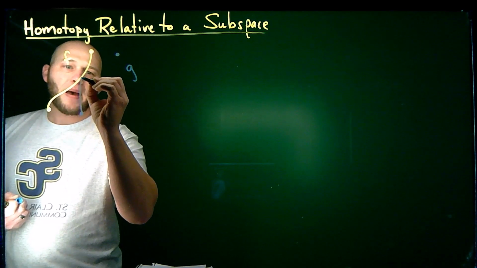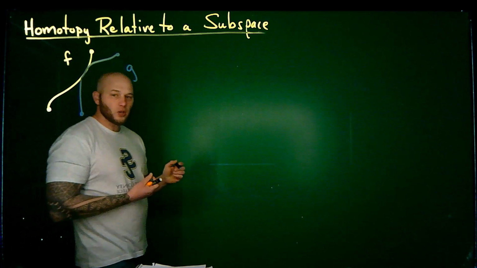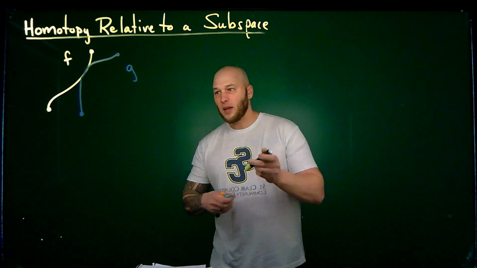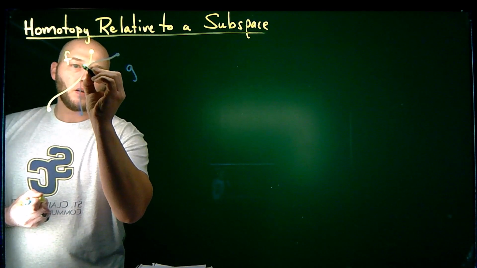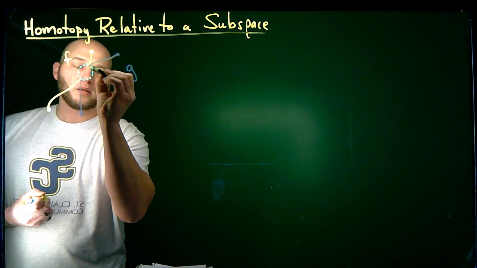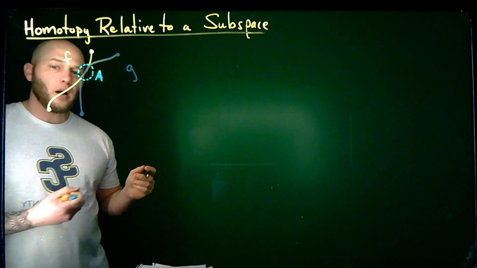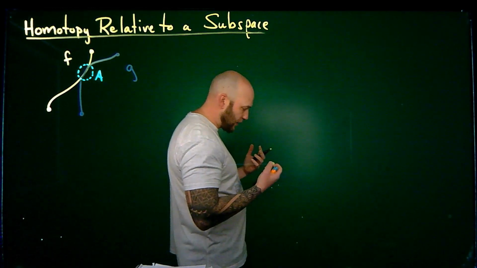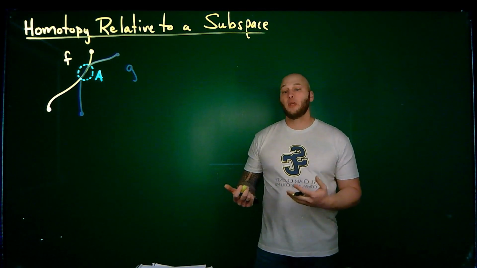It actually matches up with F for a certain stretch of time, and that is contained, of course, within a subspace A. So in other words, the paths F and G overlap within this subspace A.